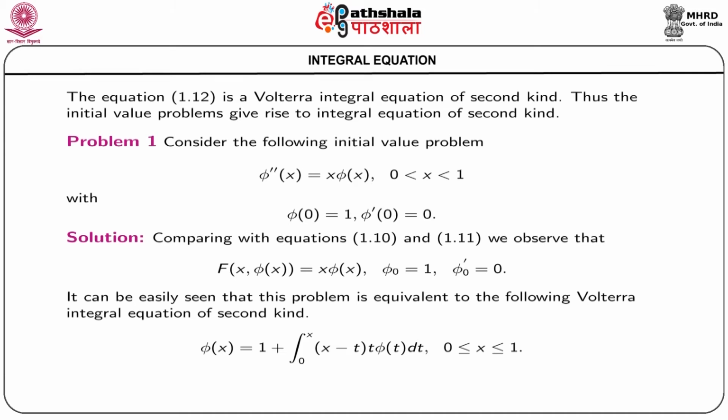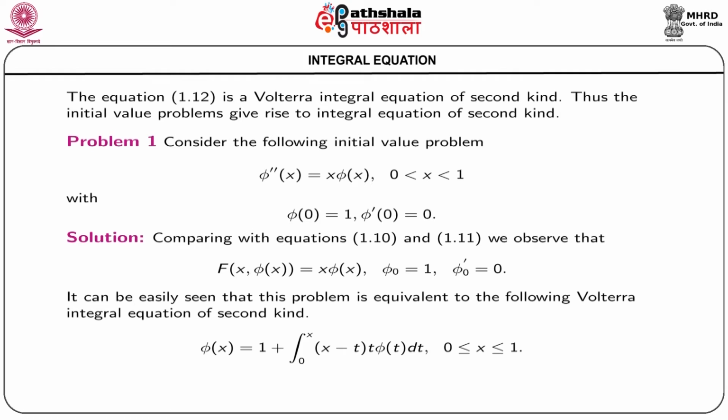The initial conditions are phi at x equal to 0 is 1, and phi dash at x equal to 0 is 0. Here dash and double dash represent differentiation and double differentiation with respect to x.